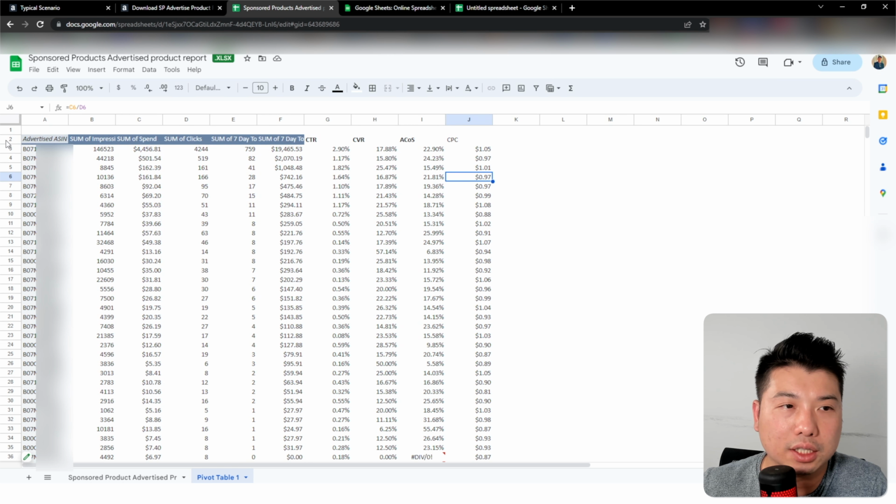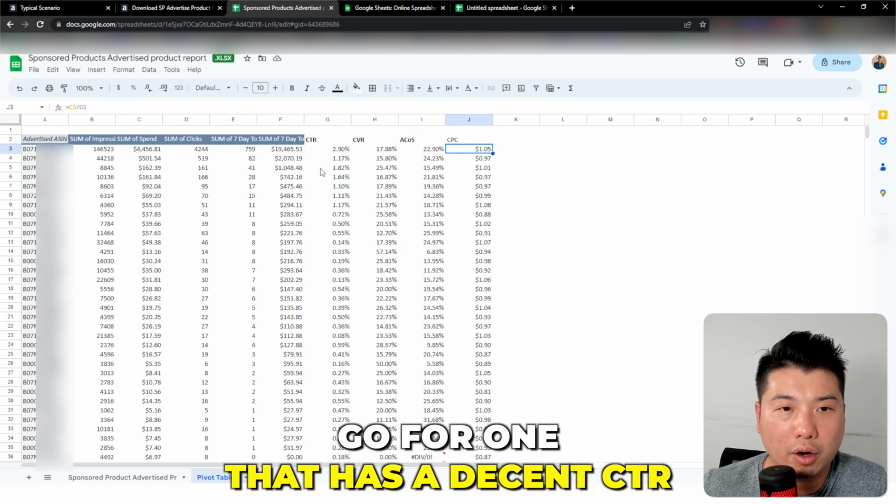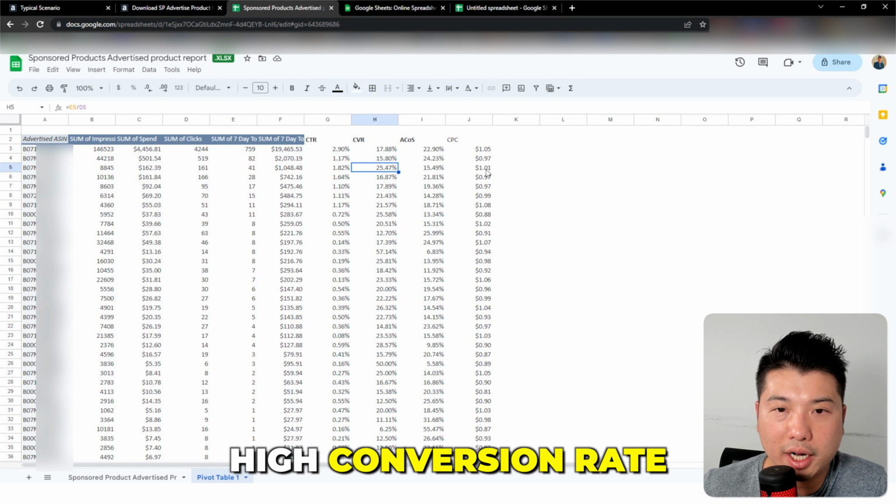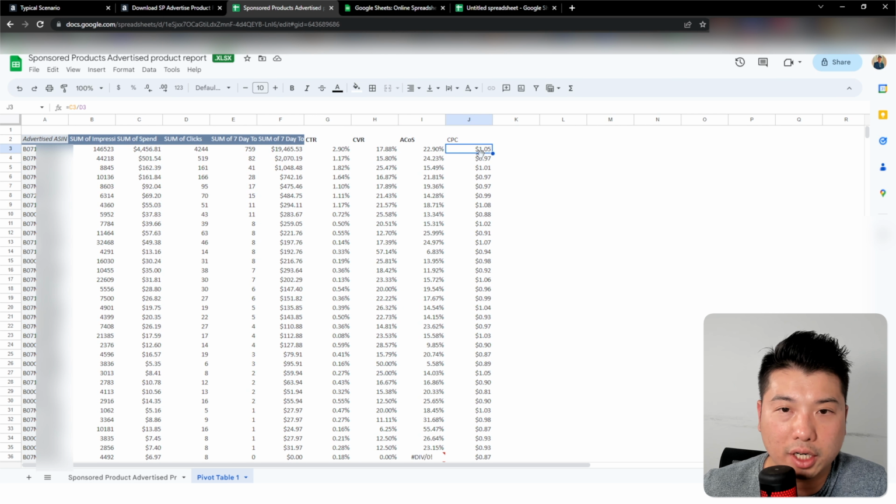So you can see this one right here, the one that is getting most of the ad spend, the cost per click seems a bit high, right? Like 1.05. So maybe what you can potentially do is go for one that has a decent CTR, high conversion rate, and also a cost per click that is lower than this one that you're currently funneling a lot of ads to.